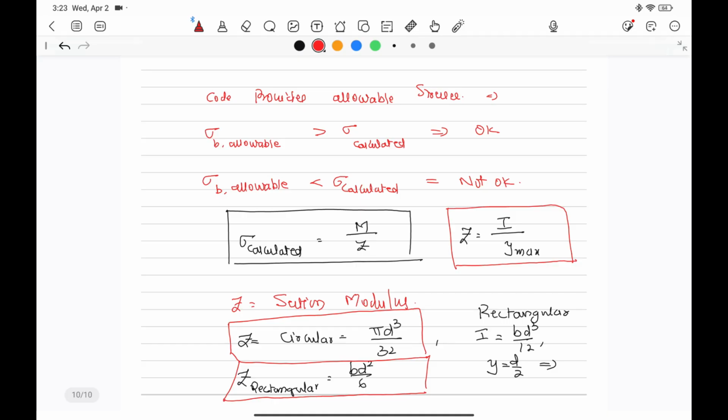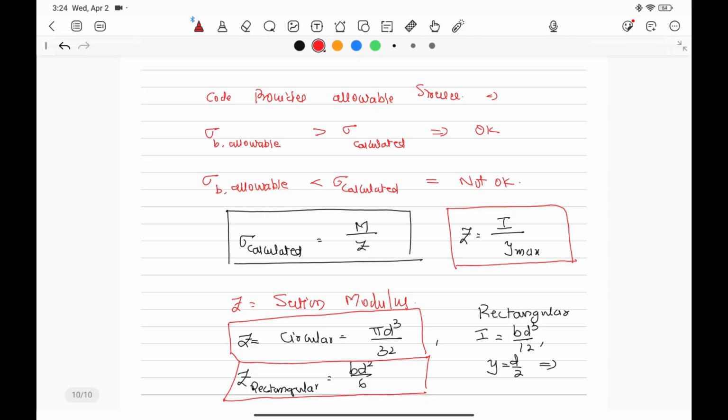And others also you can find out on your own. Like for hollow, it means D0 cube minus Di cube, and so on. Then you can go for rectangular, then you can go for semicircular.